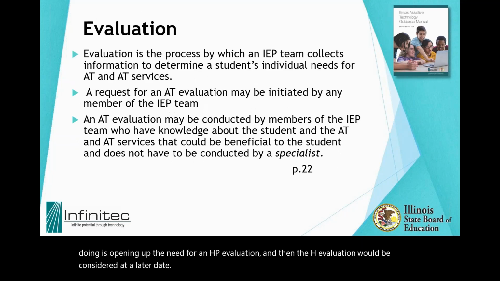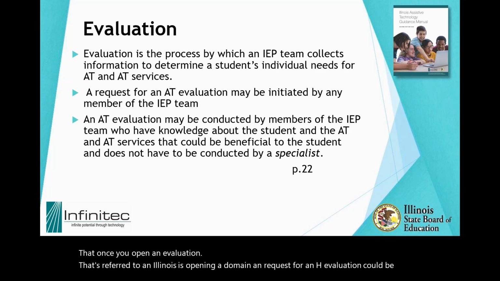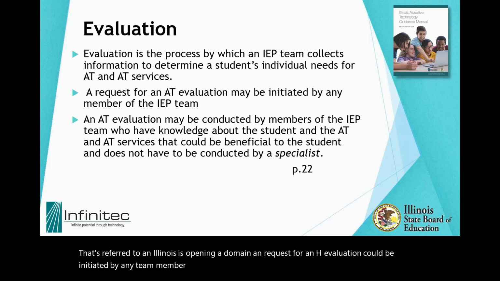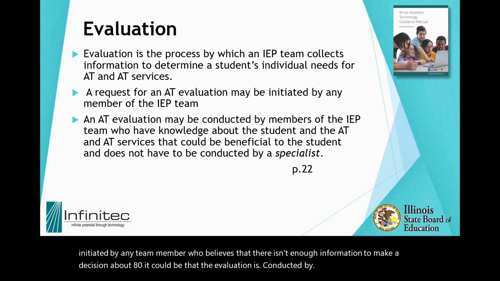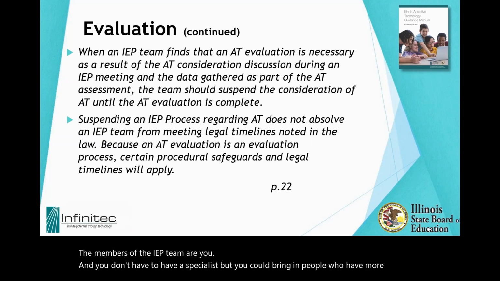Once you open an evaluation, that's referred to in Illinois as opening a domain, and a request for an AT evaluation could be initiated by any team member who believes that there isn't enough information to make a decision about AT. The evaluation could be conducted by the members of the IEP team, or you don't have to have a specialist, but you could bring in people who have more information to help you with that.